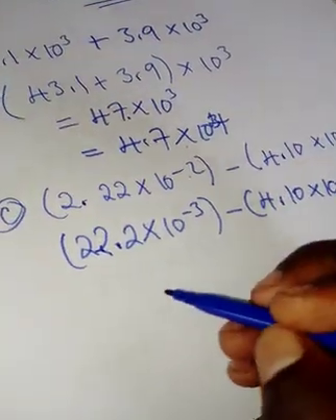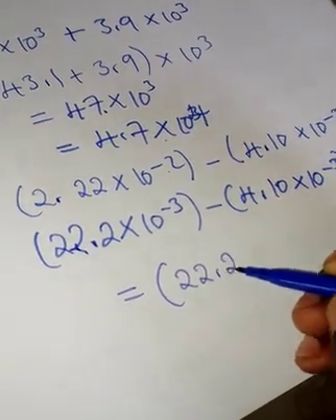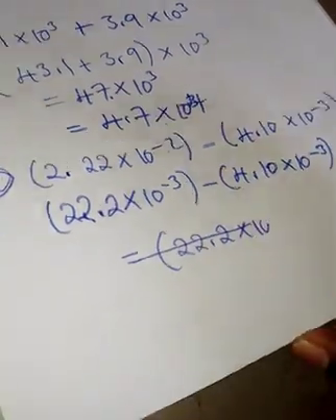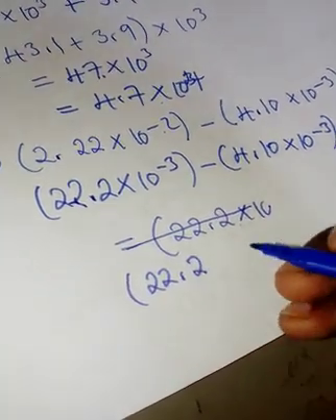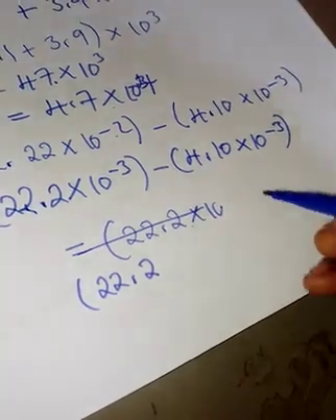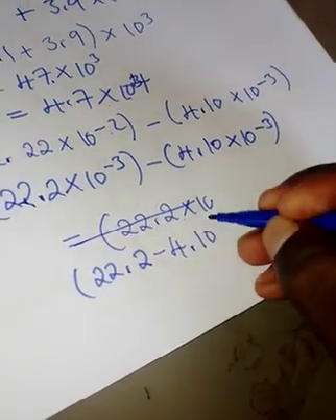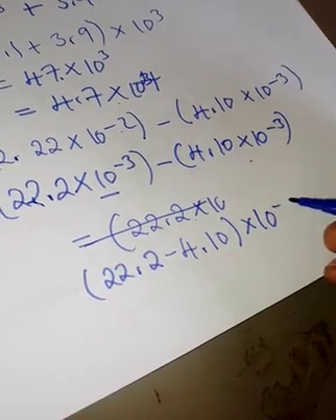Okay. So this will be equal to, let me write that again. We have 22.2 minus 4.10, then times 10 to the power 3 is factored out.